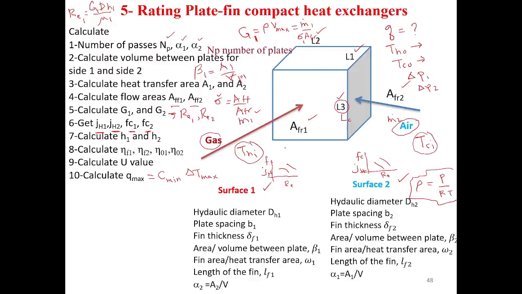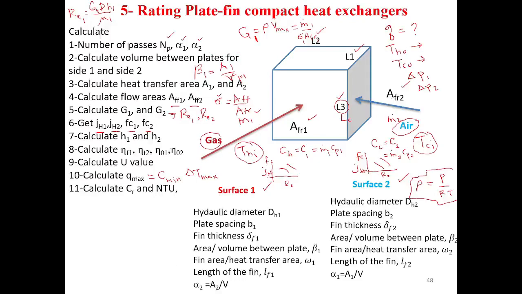Of course, C capital 1 for the hot fluid, for example C hot equals C1, because this is side 1, equals M dot 1 times Cp1. And the same thing here, you can write C cold equals C2, which equals M dot 2 times Cp2. And you see which one of them is lower. One of them is what we call C min, and the other one is C max. You take C min, multiply by delta T max, and you get Q max.